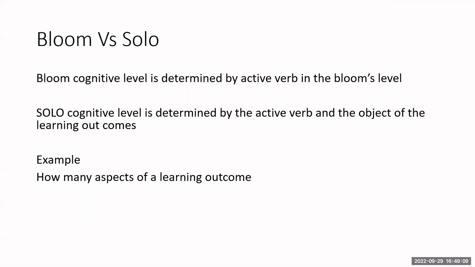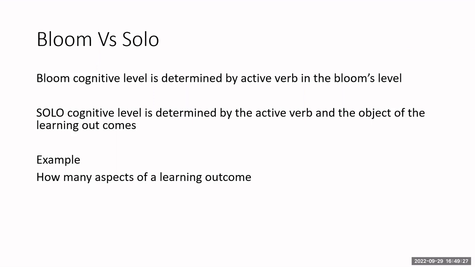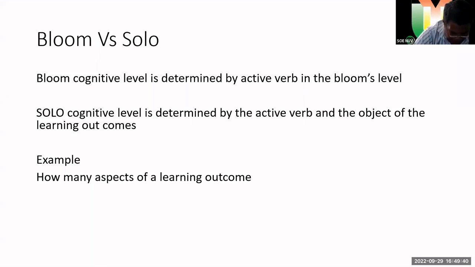And last, the object description that comes after the active verb. So there are three aspects of a learning outcome: the stem, the active verb, and the object description that comes after the active verb.